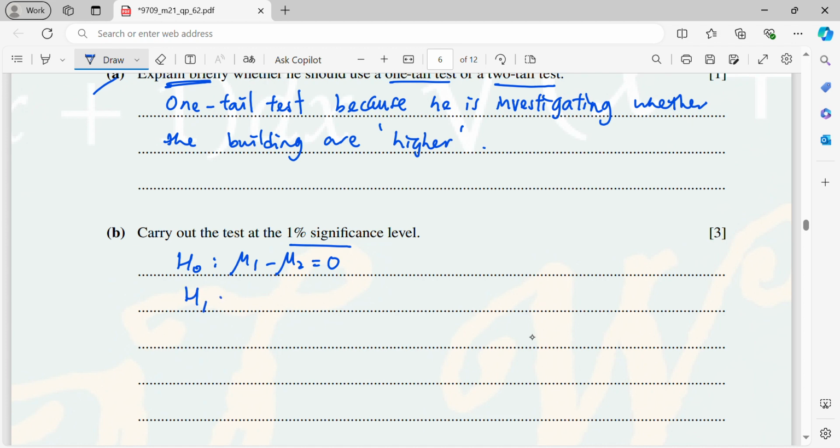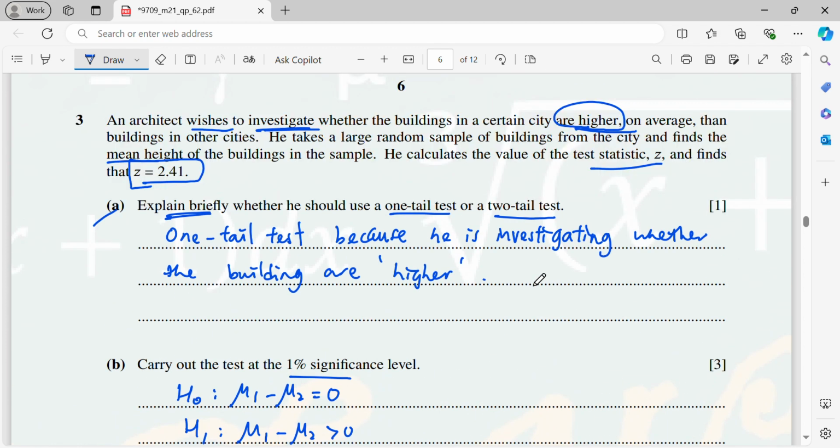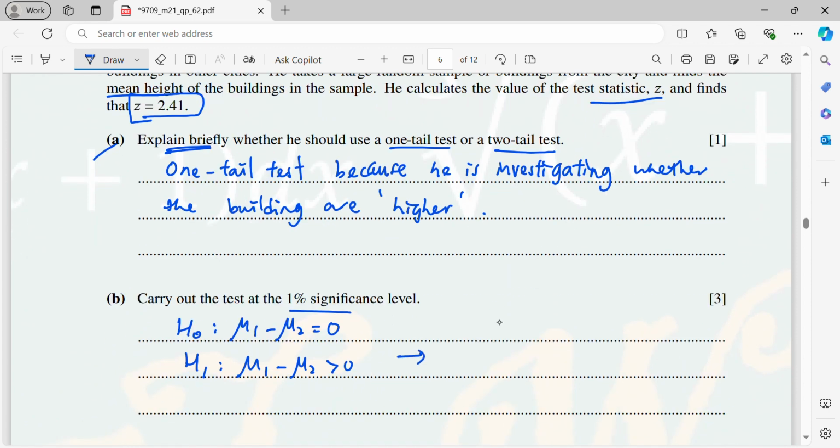Then H1 is mu1 minus mu2 is greater than 0. That means mu1 is the population mean height of the buildings in a certain city. Therefore, this is basically the same as mu1 greater than mu2. So now we always write in the difference. And it's mentioned that 1% significance level, therefore alpha is 0.01.